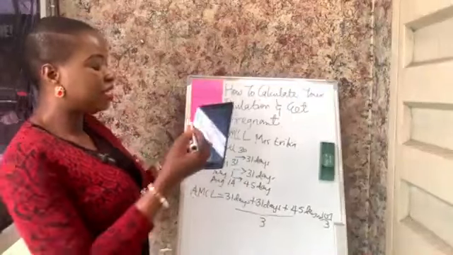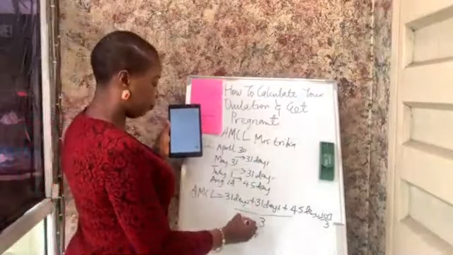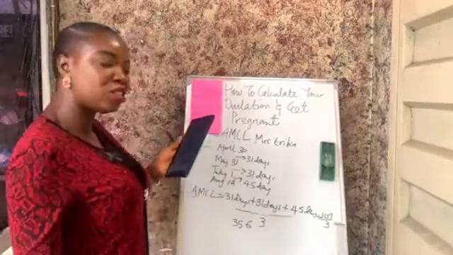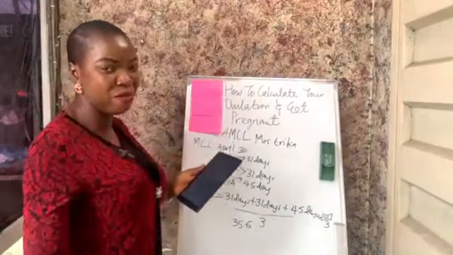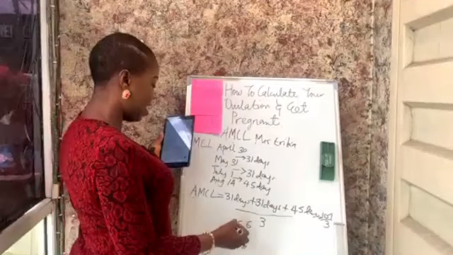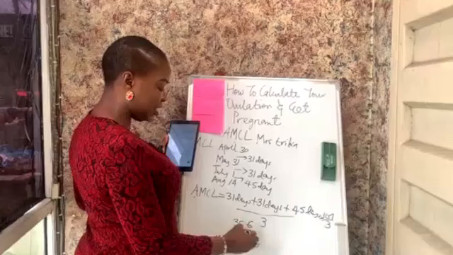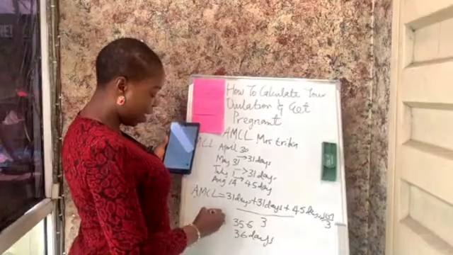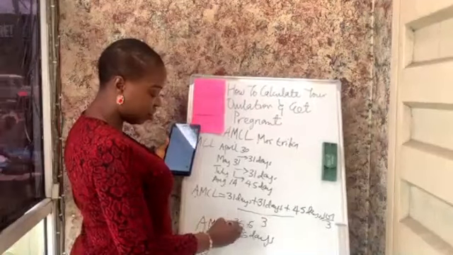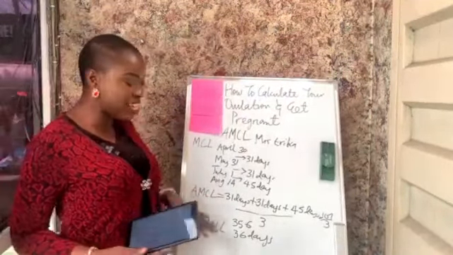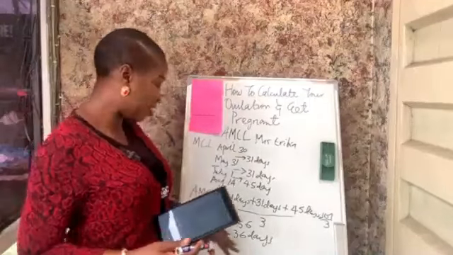We have 35.6. So you're just going to approximate, in simple mathematics, to the next figure. Take this one and you have 36 days. So our AMCL, which is our average menstrual cycle length, is 36 days, right?